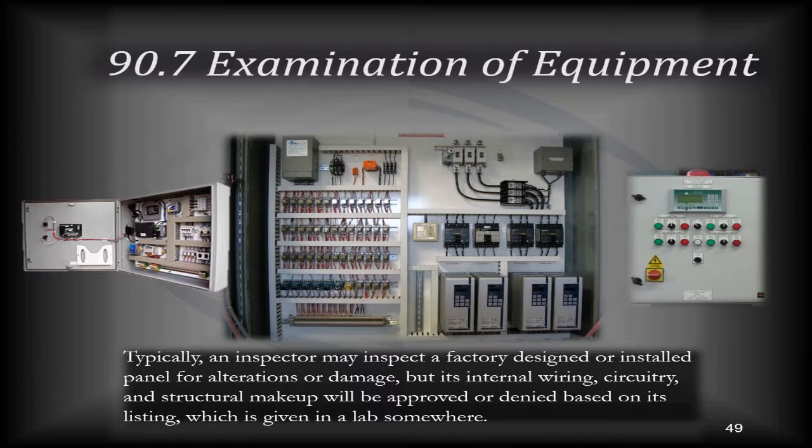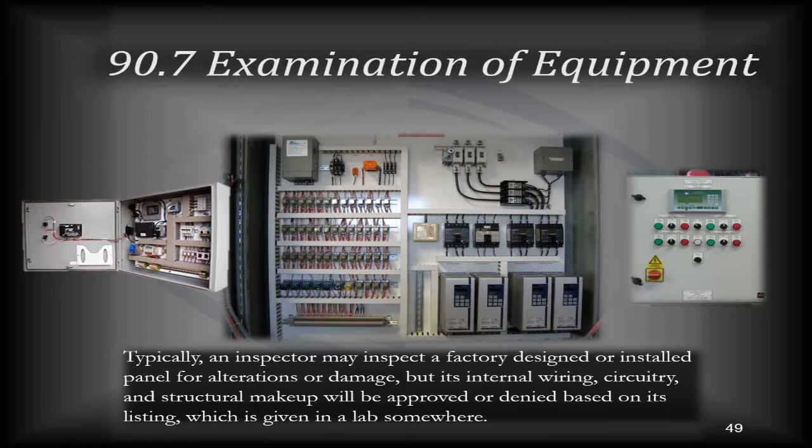90.7 Examination of the equipment. Usually an inspector might look at a factory installed or designed panel for its UL listing to make sure that it was actually designed and listed for its purpose, but usually they're not going to get too enthralled in checking all the circuitry unless you've altered it somehow.